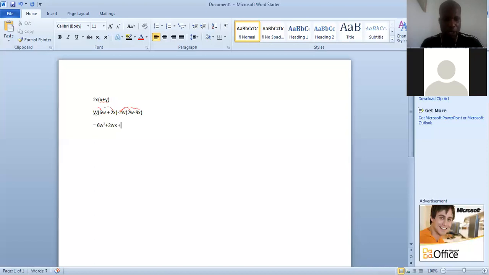So we're going to say plus 2W, W is to the power of 2, isn't it? Oh, this is not minus, it's plus, so this is going to be a minus sign, not plus. So minus 2W squared, but the next one now is the one with a minus sign, so we're going to say plus 18WX. Can you see? WX like this.